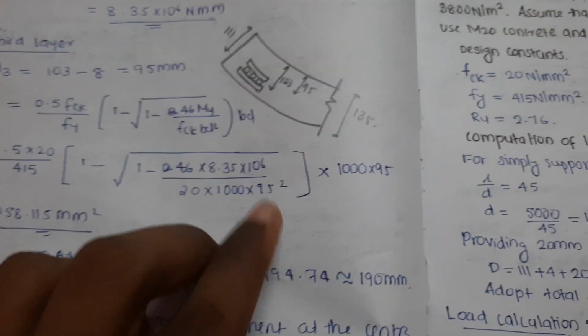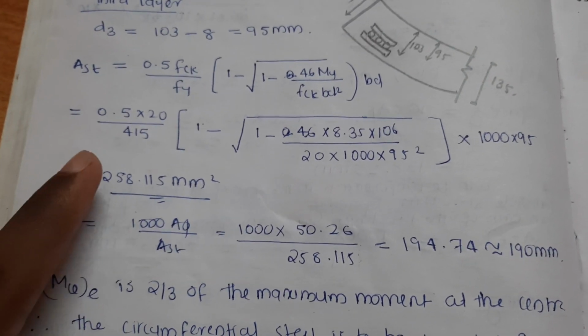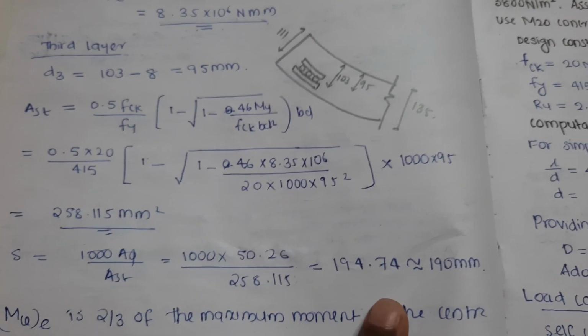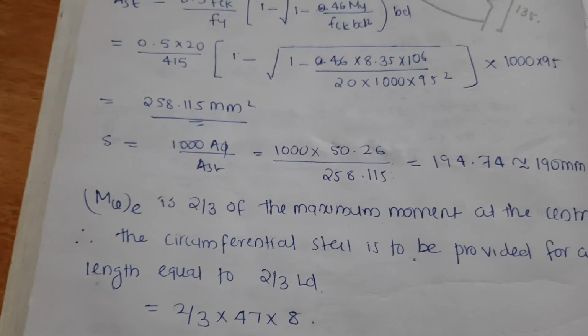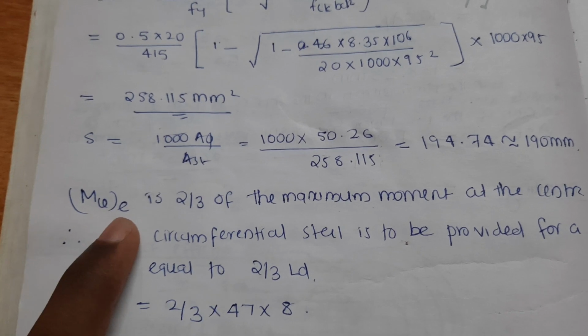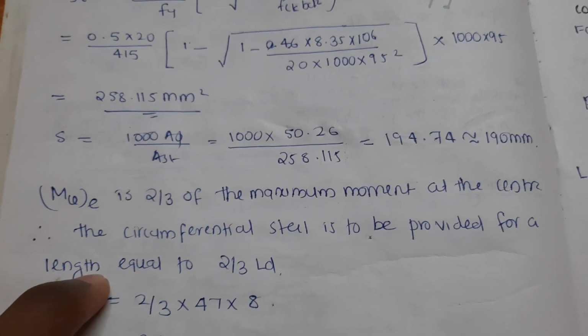So you can substitute that value of d here, and you can find out the Ast required and spacing required. So we will get 194. We are providing 190 mm as spacing. Already I have said that M theta is 2/3 of the maximum moment at the center.